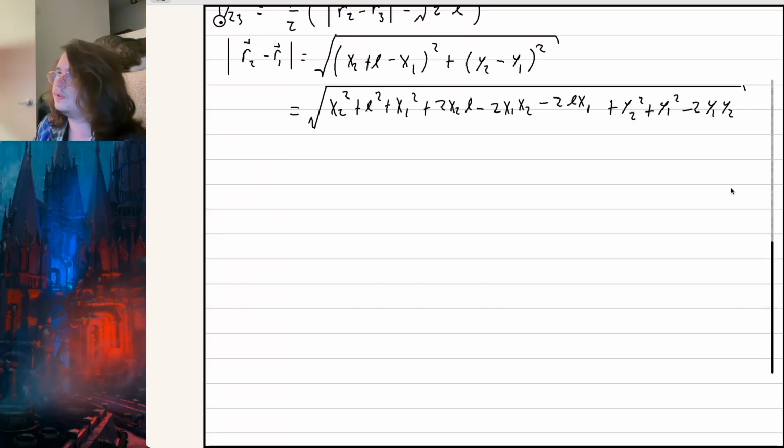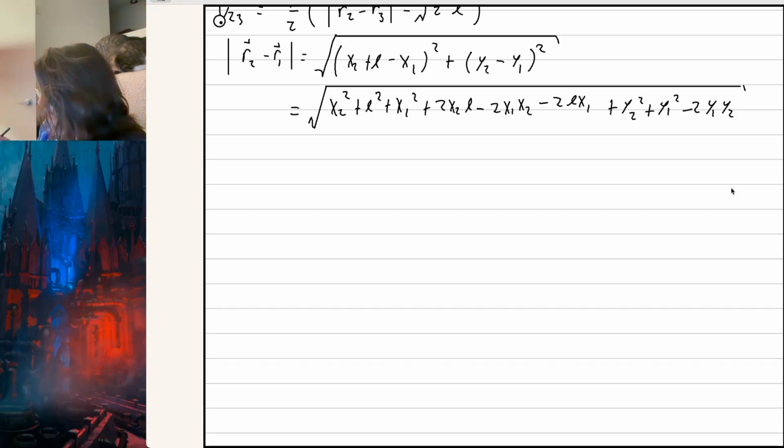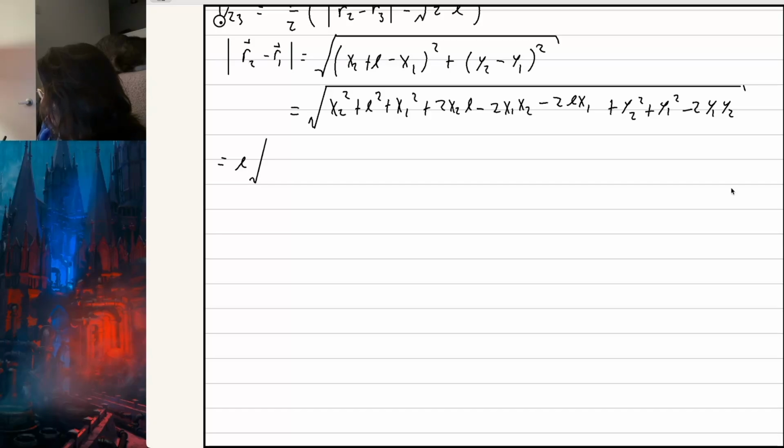Cool. Let's factor out L from that whole expression, so we'll have an L on the outside. Everything that didn't have a factor of L is going to be multiplied by 1 over L squared.